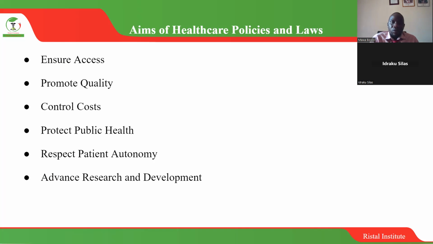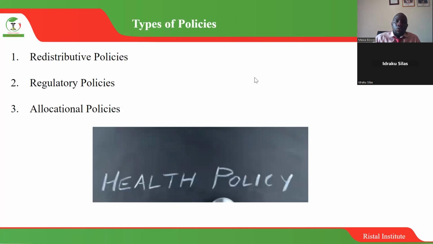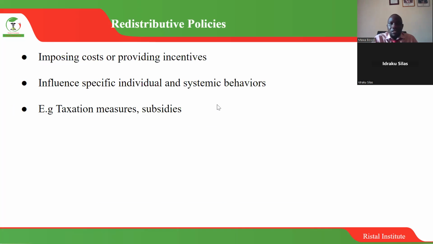Okay, so that's the importance of healthcare policies. So these healthcare policies can be categorized into three: redistributive policies, regulatory policies, and allocational policies. So we are going to look at each and see what they actually mean.